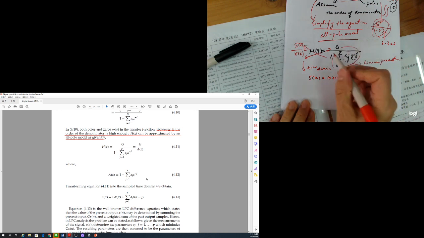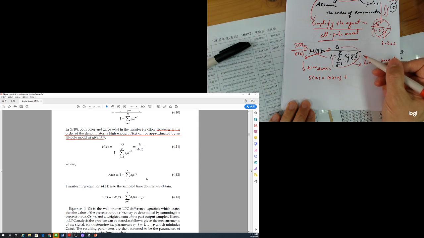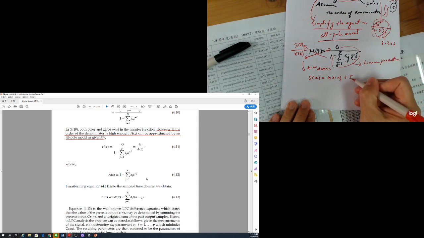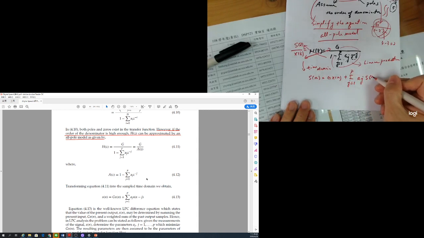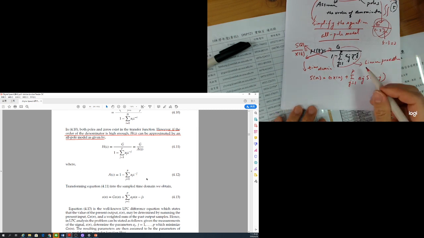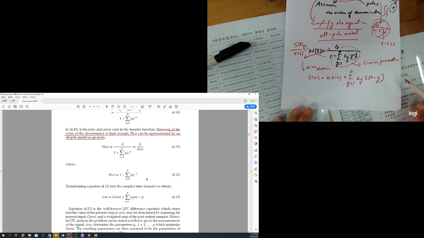Then this minus will be moved to the right-hand side. So you can see it becomes the summation over j equal to 1 to p of a_j s of n minus j. In the time domain it is a time index shift; in the z domain it will be z to the power minus j. So you have to be familiar with this fundamental mathematics.